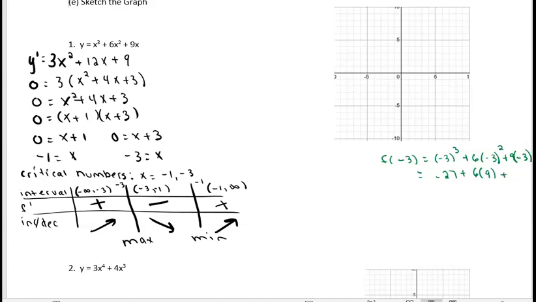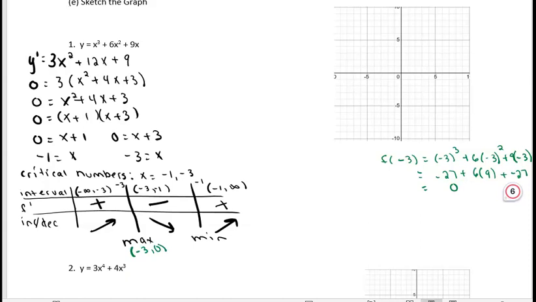And 9 times -3 is -27. So if we try to solve this down, solving this down, we'll get 0. So now we have our max. Our max is -3, 0.